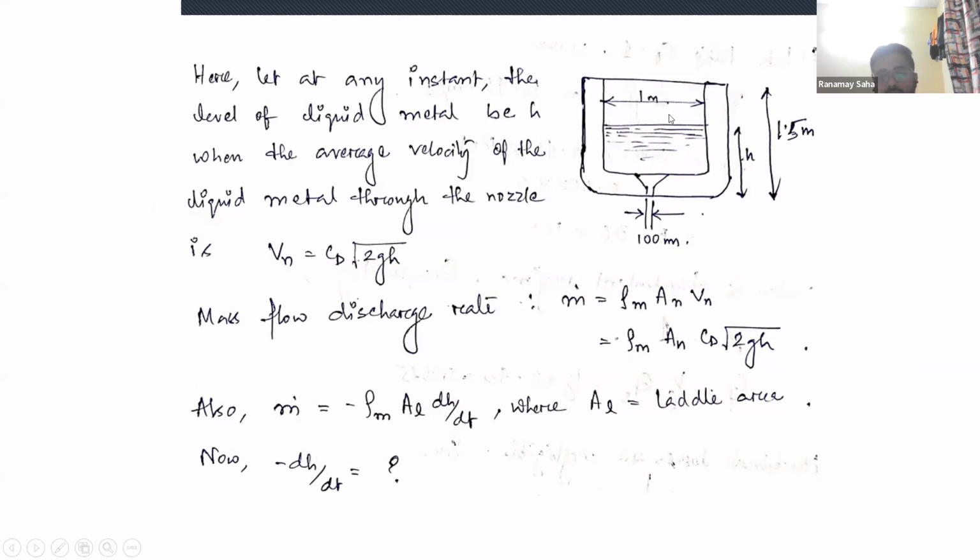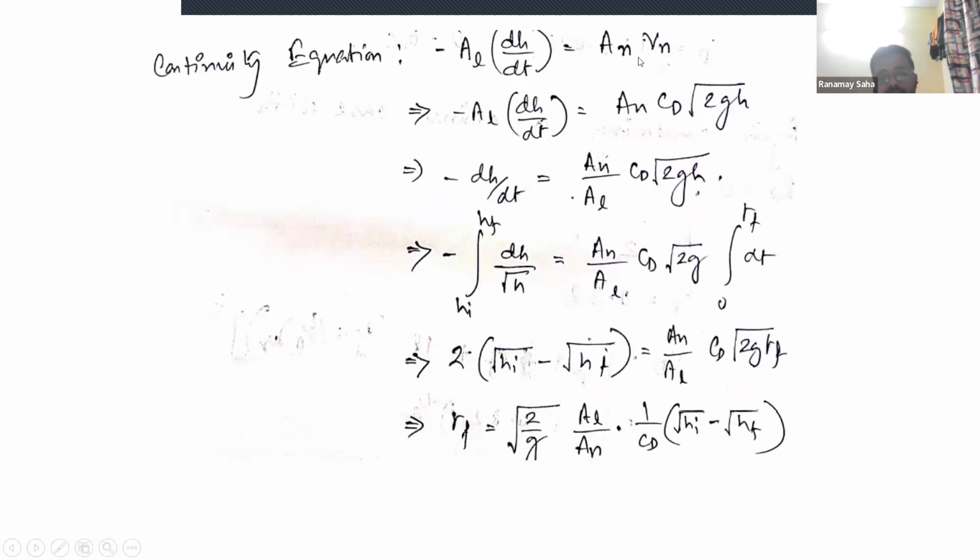Here you have the area of the ladle A_L into velocity of the molten metal, which is dH/dt, equal to the area of the nozzle A_N and the velocity Vn of the metal coming out through the nozzle. You equate this, and then replace Vn by Cd root 2gh. Then you find minus dH/dt is equal to A_N by A_L into Cd root 2gh.